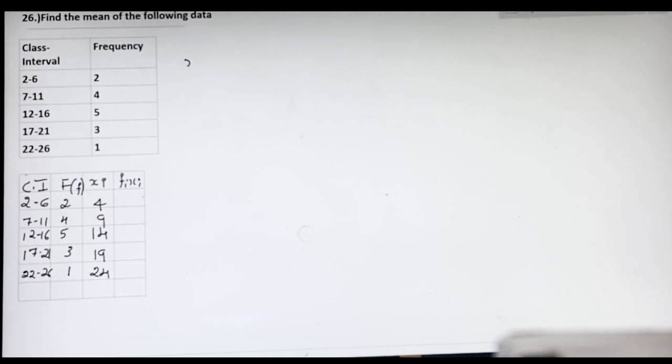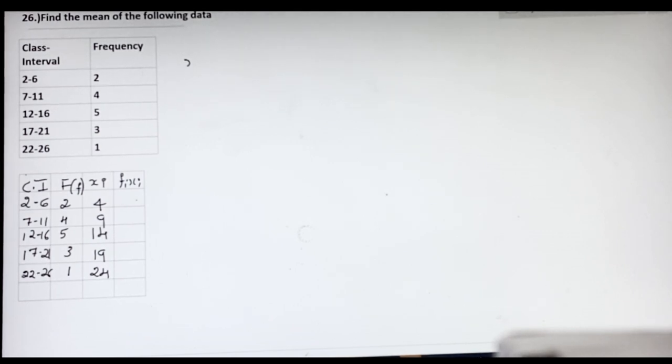Okay, so now how do we write the last column, that is fi and xi? It is the multiplication of frequency and midpoint, that is multiplication of fi and xi. We have the values here, we just directly multiply and write the answer here.